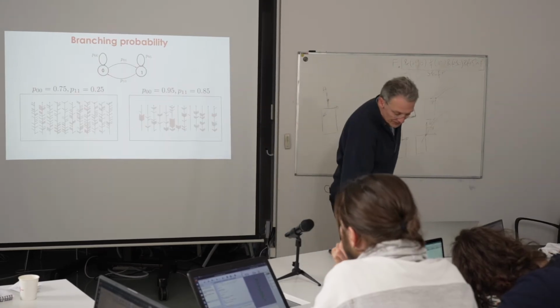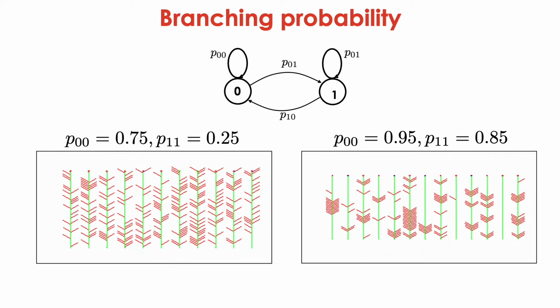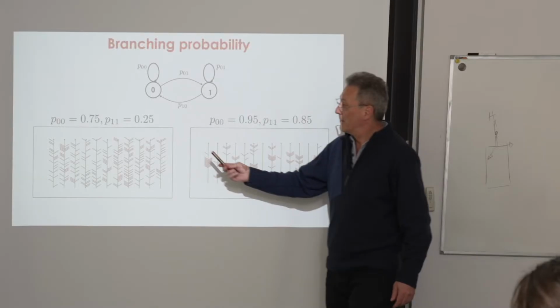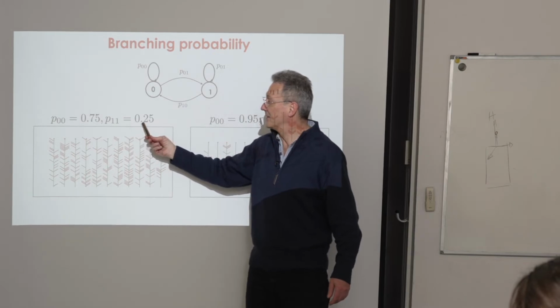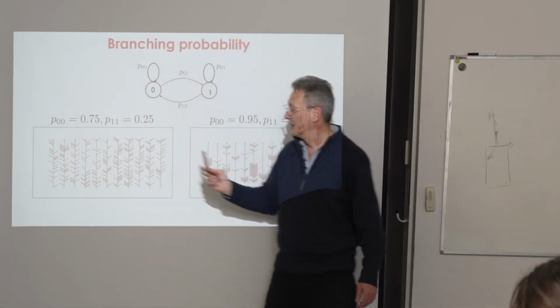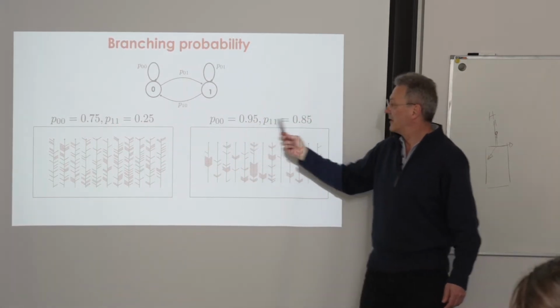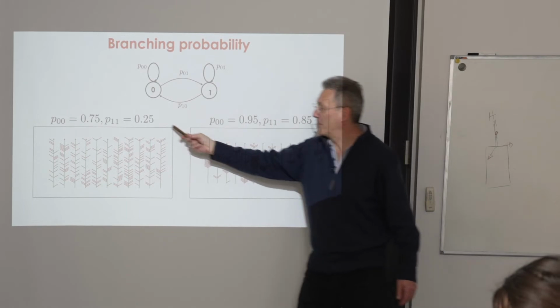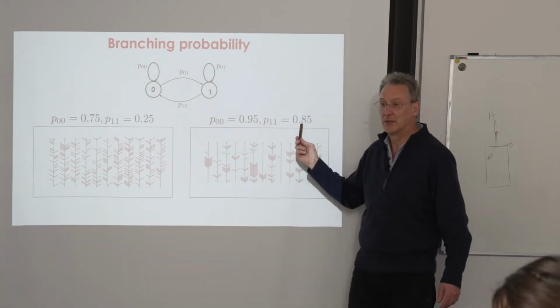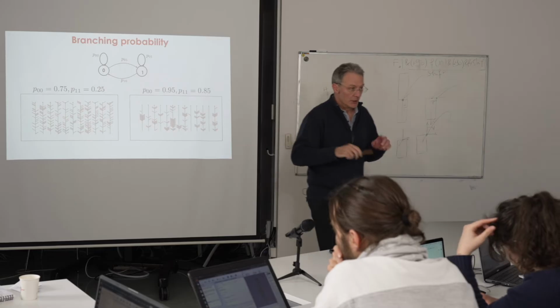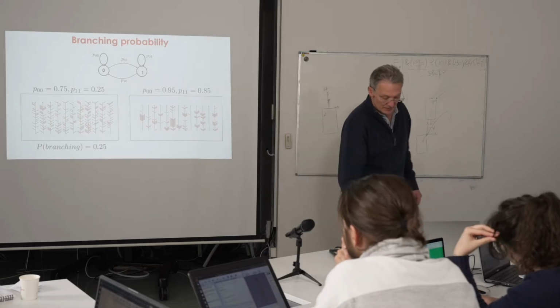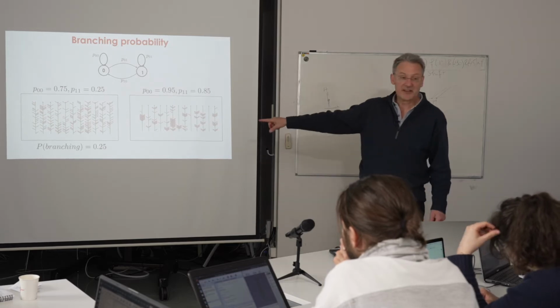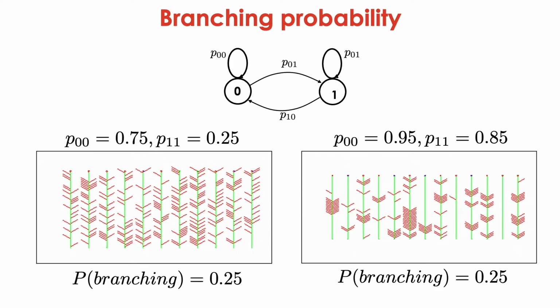And when you do this, what you observe is that by just selecting different numbers here, a couple that is different from this one, but such that the probability of branching is the same. So I have 0.25 probability of branching here.